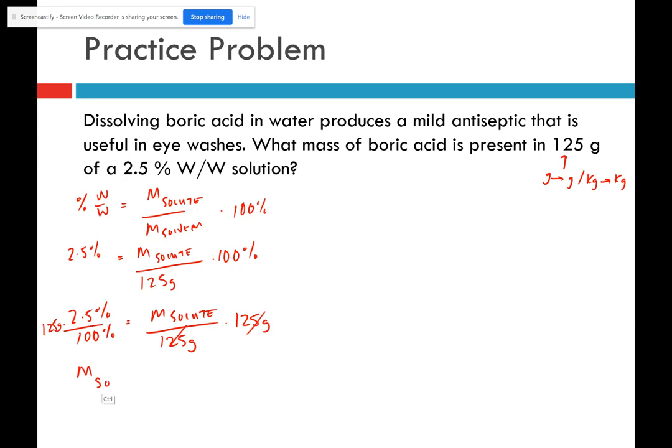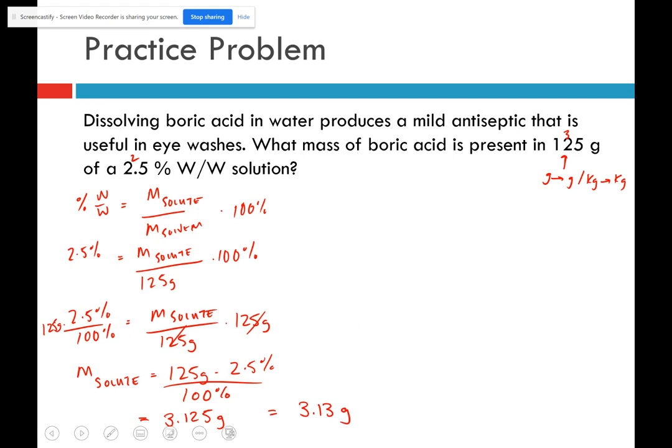So the mass of our solute is going to be 125 grams multiplied by 2.5%, all divided by 100. 125 times 2.5 divided by 100 is going to give me 3.125 grams. But again, if I look at the question, I have 3 significant figures here, 2 significant figures here. So my final answer is going to be 3.13 grams.